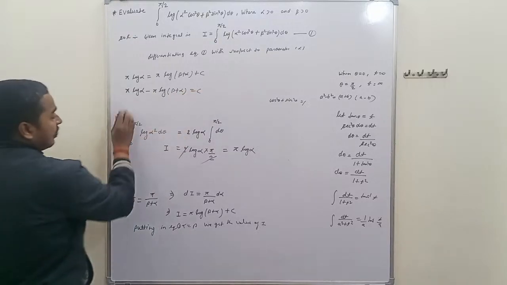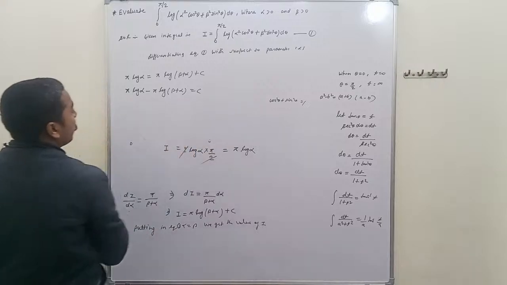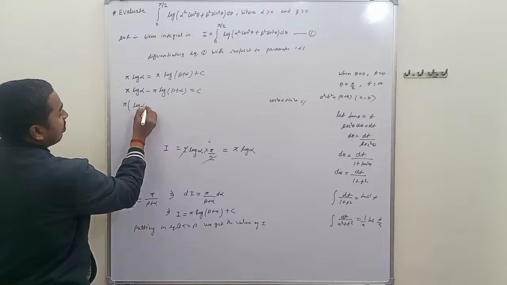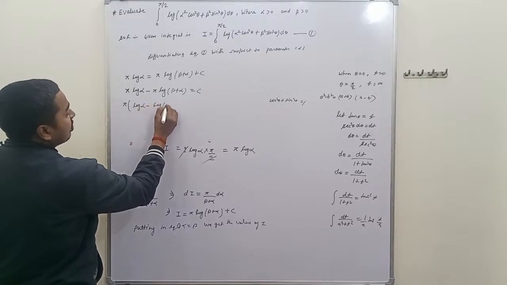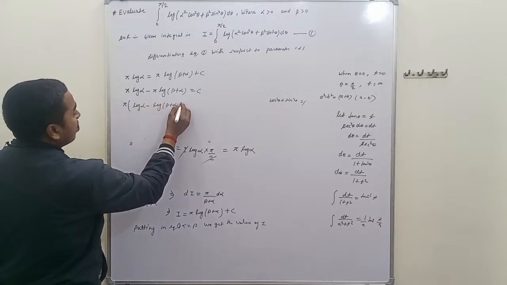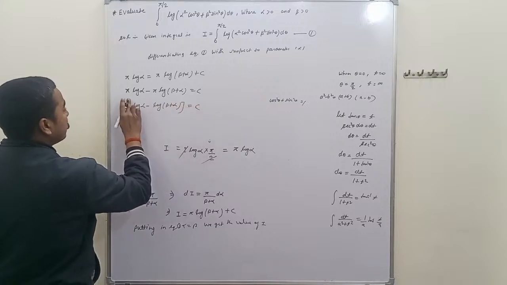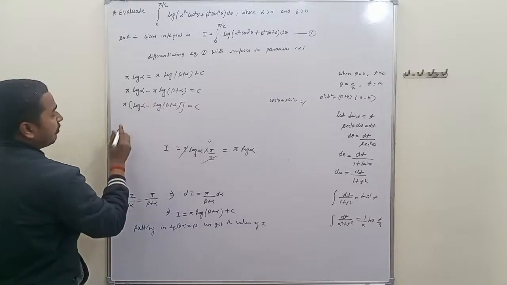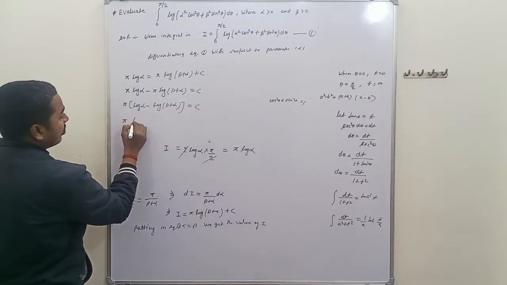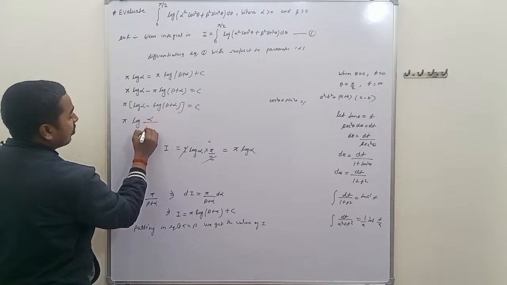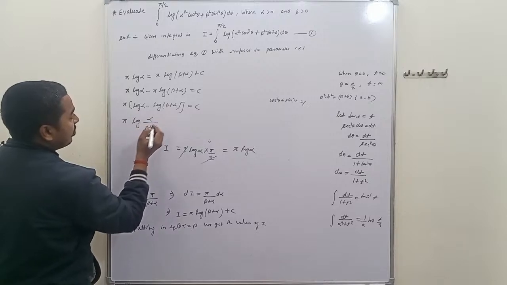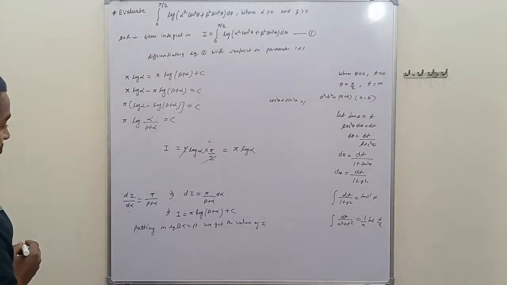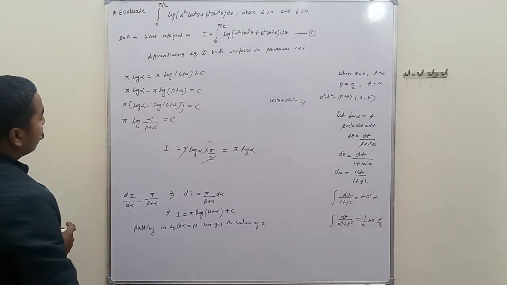Using the property of log, taking pi common, this is pi times log alpha minus log beta plus alpha, equal to c. Since log m minus log n is written as log m upon n, c is equal to pi log alpha upon beta plus alpha.